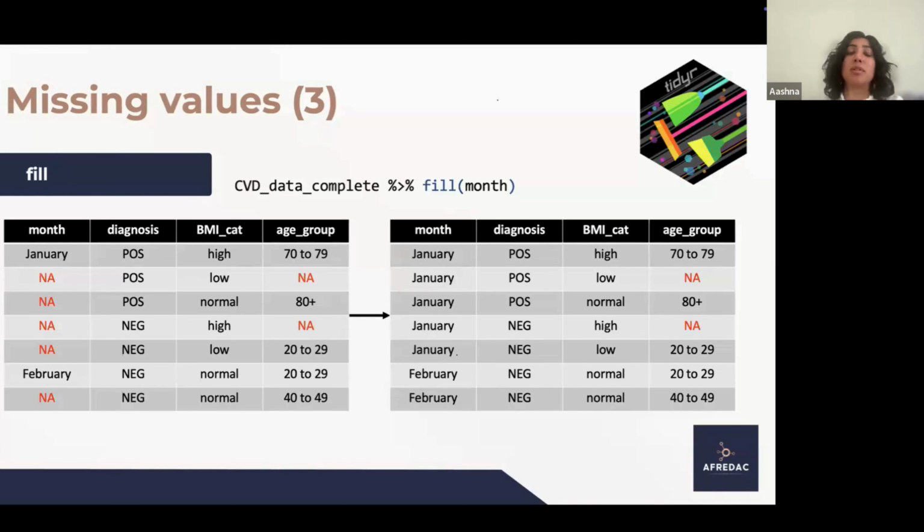This often happens in clinical records, where you have a time frame or a geographic area that's only filled in for the first row. Even though all of these rows correspond to January, January only appears in the first one. So I use fill to fill in the blank months with the ones that appear before it. This is a very handy way to deal with that.